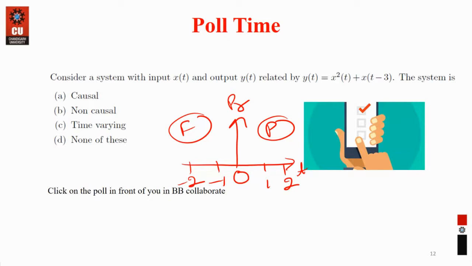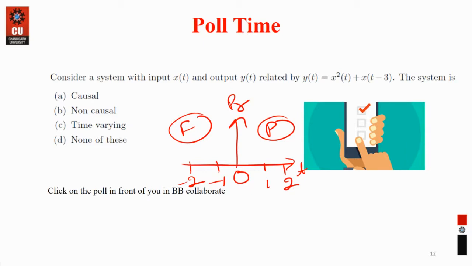So use your mind, and of course whether it's linear or not is very much clear, but right now I'm not asking about linearity or non-linearity. I'm just asking about causal, non-causal or time varying. Of course, by looking at the equation, you will see the time varying nature of it, but right now you have to just focus on causality and non-causality.